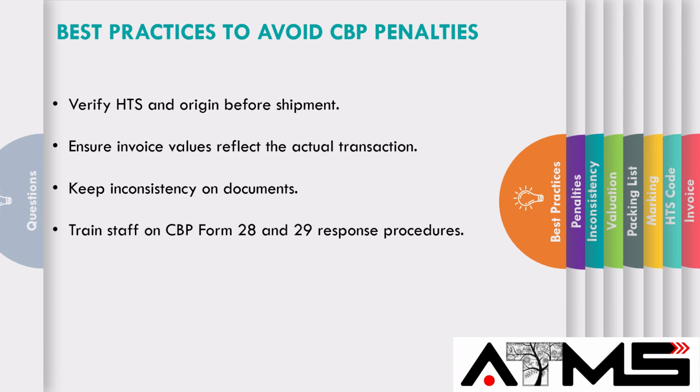If you receive CBP Form 28, Request for Information, or Form 29, Notice of Action, respond promptly within the deadline to avoid penalty. Provide regular import compliance training for your staff.